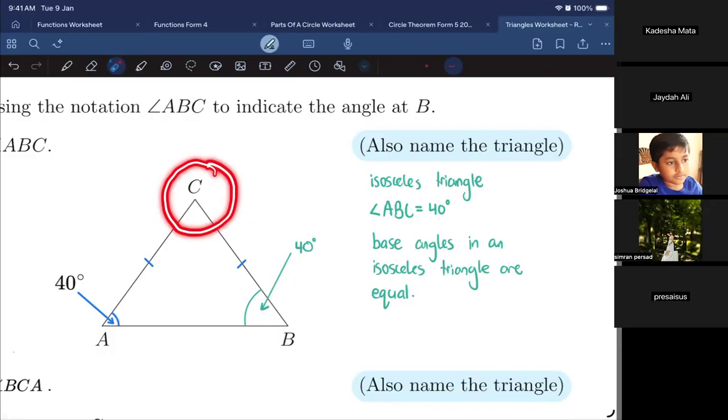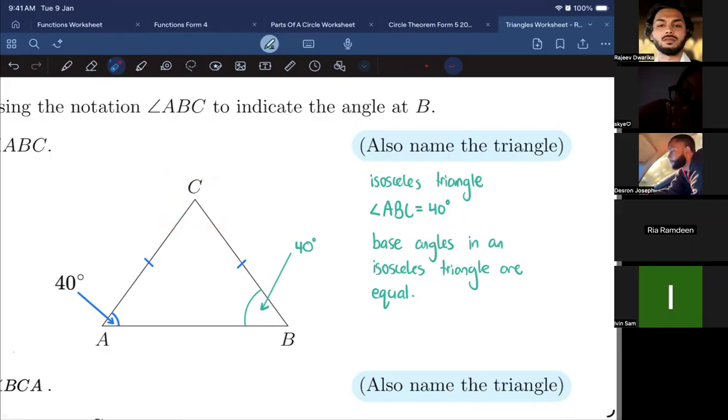What do you think angle C would be? 100. Yes. Why? Somebody tell me why. Jada, why? Jada, they're saying that angle C would be 100.